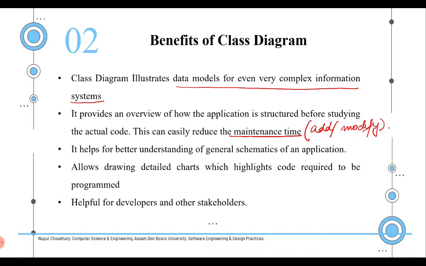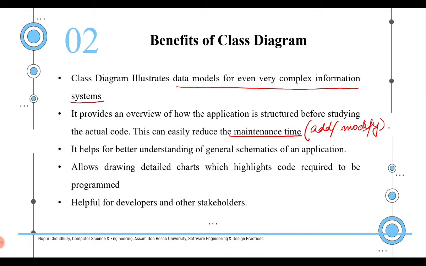If we know the structure of the system from earlier, it gives us an upper hand in reducing the time to identify bugs or add new code to the existing system.